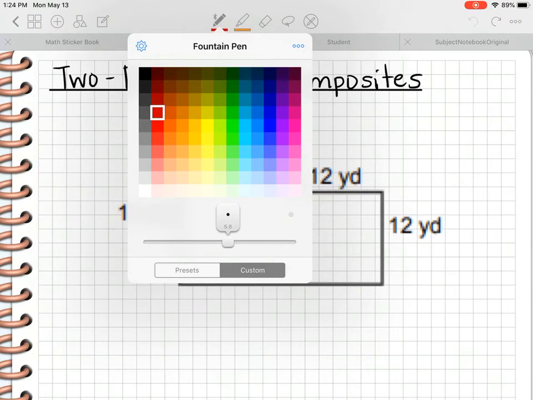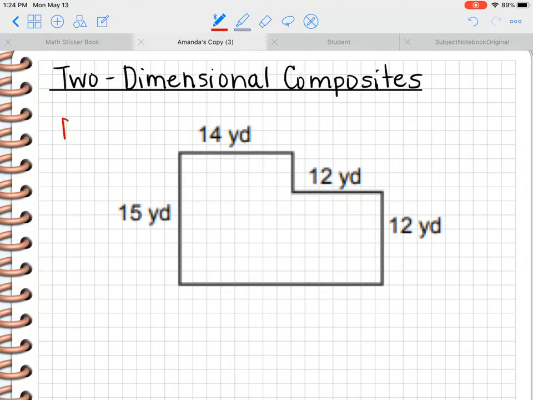So a parsing line is an imaginary line. It's something that you and I are going to draw in. It does not become part of the problem. It's just to help us visualize the problem a little bit easier.